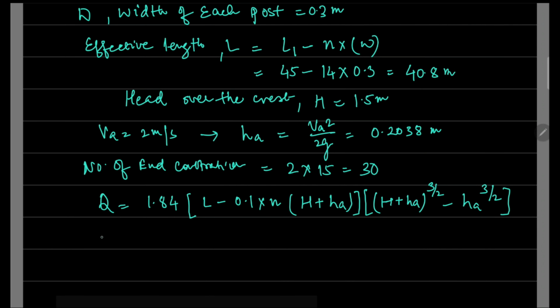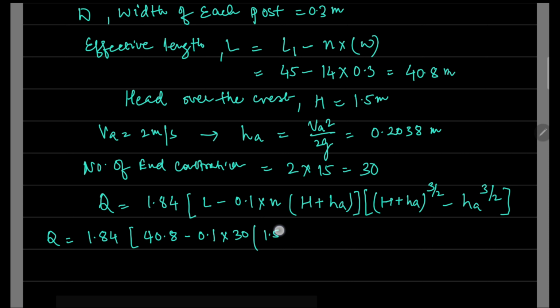So let's put all the values. Q will be 1.84 in bracket. L value is given to us, that is 40.8 minus 0.1. Now N, the number of end contractions, is 30. And H is given to us, H is 1.5 meter.